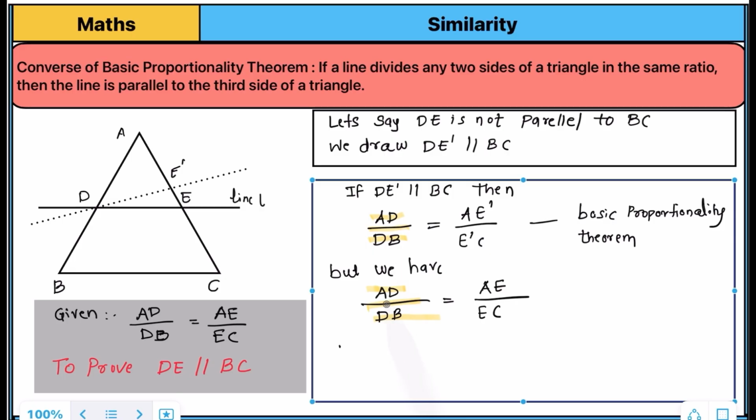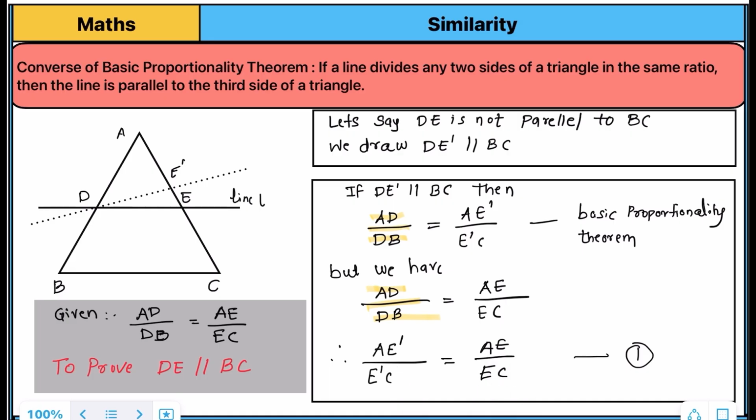Now for these two equations, the left hand sides are the same, which means the right hand sides are also the same. Hence, AE dash upon E dash C is equal to AE upon EC.